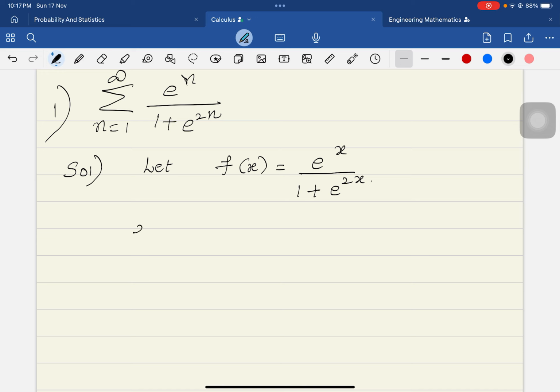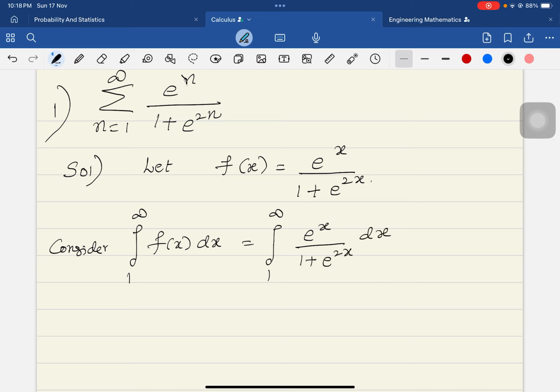Now what integral do you have to consider? Consider the integral from 1 to infinity of f of x dx, which is e raised to x by 1 plus e raised to 2x dx.